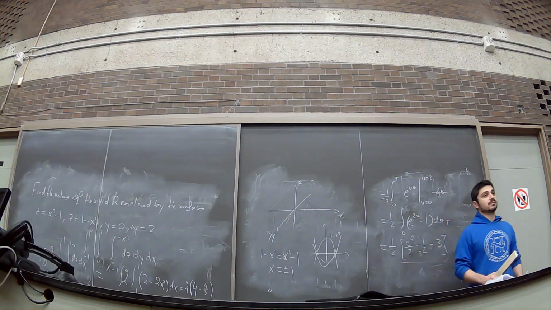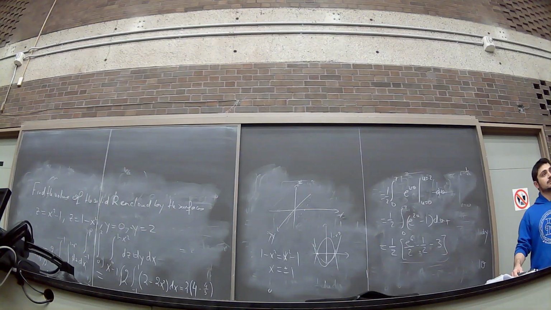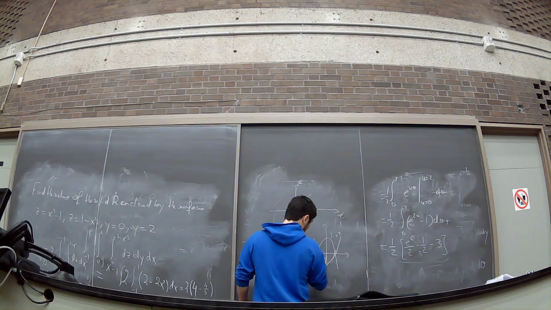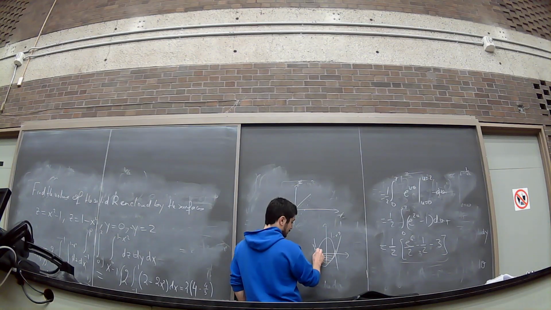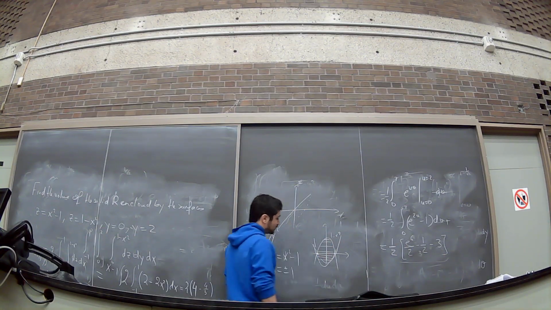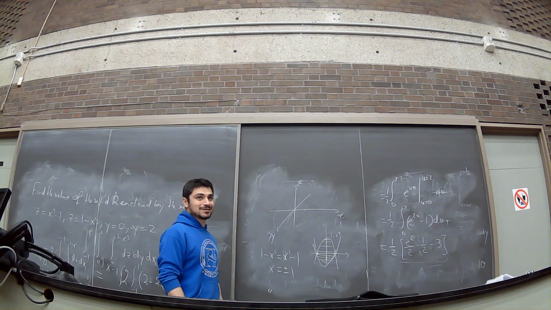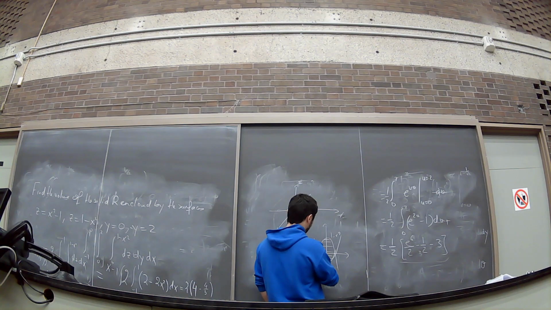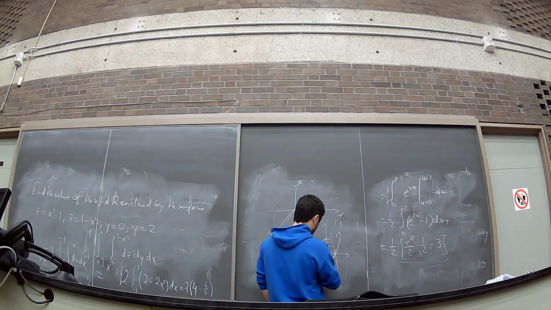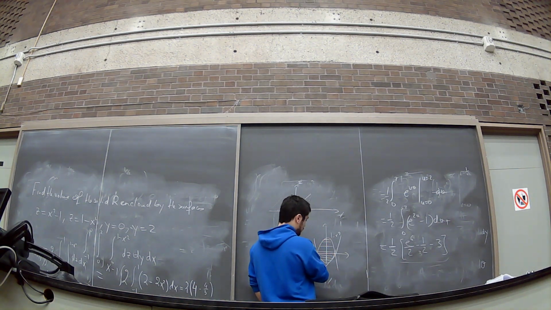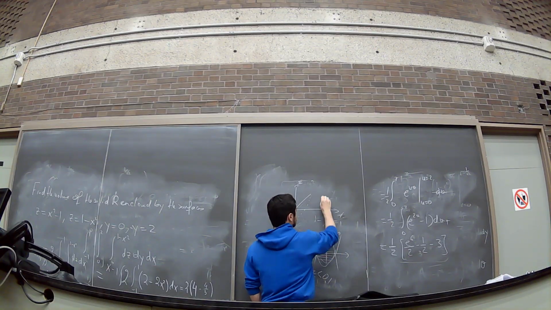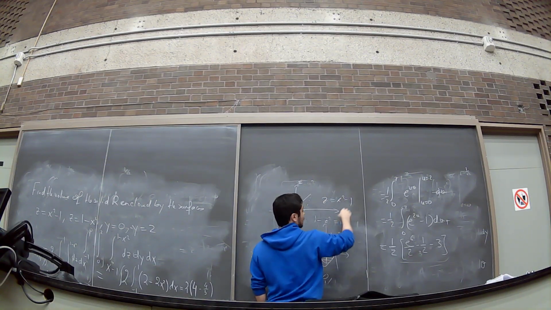Yes? What does an x mean from the left end of the parabola to the right? Ah, so you want x to range here? You could do that, but you may have to split it into 2. So if z is negative, x will range, what is this curve? X will range from this to this. Z is equal to x squared minus 1, right?